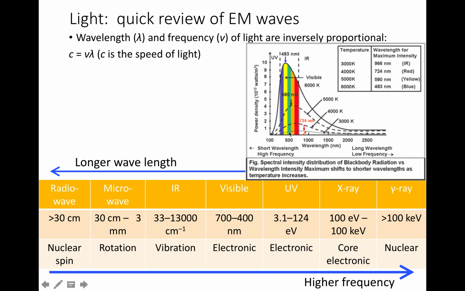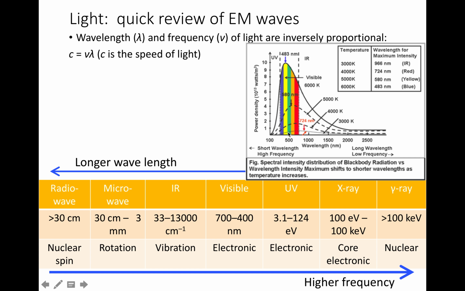So at low temperatures, the intensity of radiation, the total power density coming off the object, is lower, right? So that means the peak of the curve hits at a lower value, and the total area under the curve is smaller. But here's another thing. The peak of the curve tends towards smaller energies or larger wavelengths at lower temperatures.